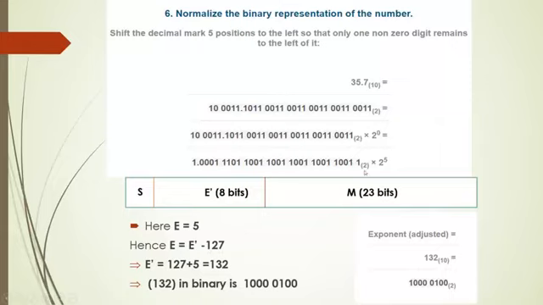So understand that whenever you have 2 to the power 5 here, how did we get the 2 to the power 5? We are just jumping the decimal point to the left. So 100011 point something can be written as 1 point something into 2 to the power 5, which is very easy to understand.